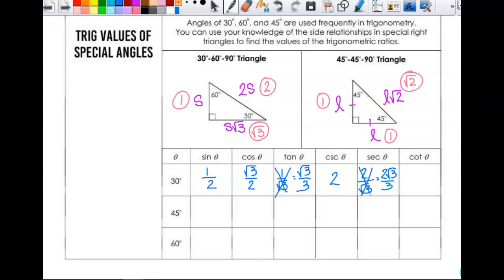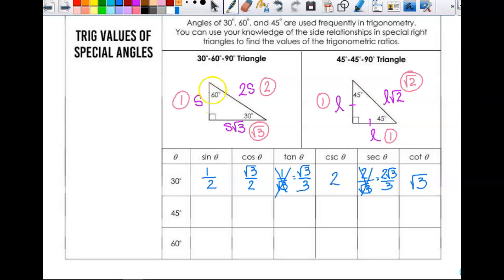And then what would the cotangent be? Square root of 3. Okay. Everybody good so far? No? Questions? All right, so let's do 60 before we do 45 because we're in the same triangle.